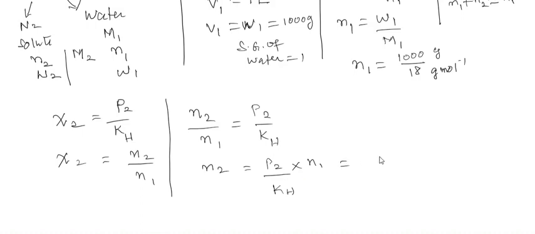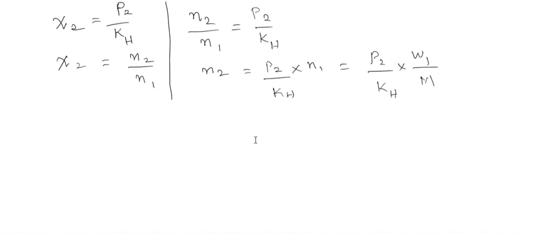So we can further expand it. P2 divided by KH into W1 divided by M1. So we can substitute here.